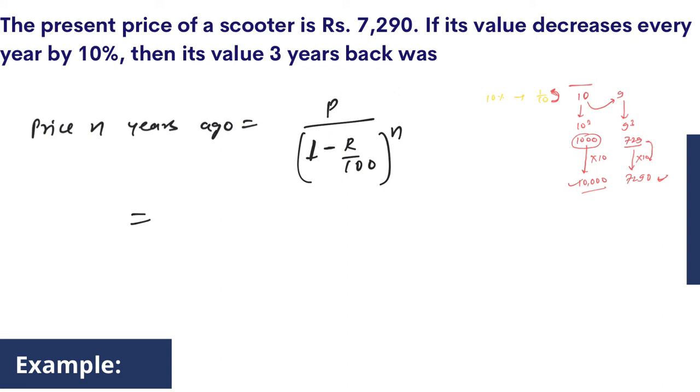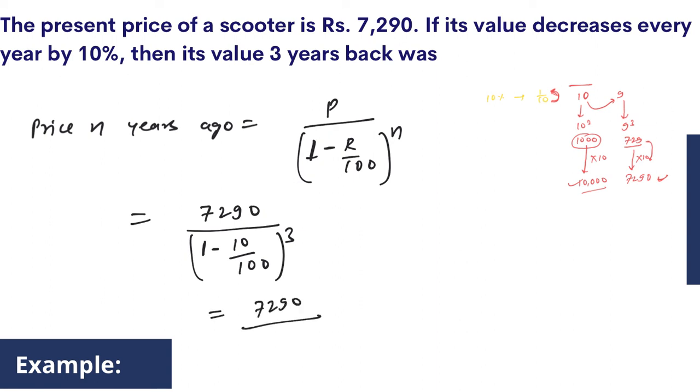So the value of P is 7290 divided by 1 minus R's value 10 divided by 100, and N's value is 3. So 7290 divided by, when I take the LCM, I will get 100 here, then 100 minus 10, power 3, and I can solve like this.